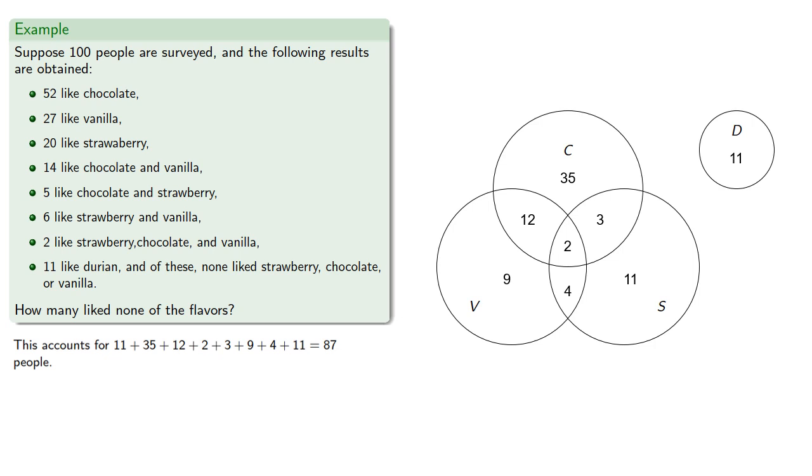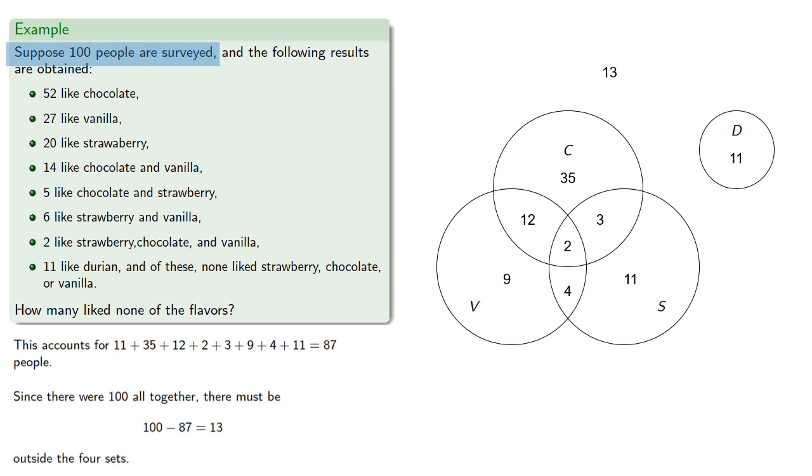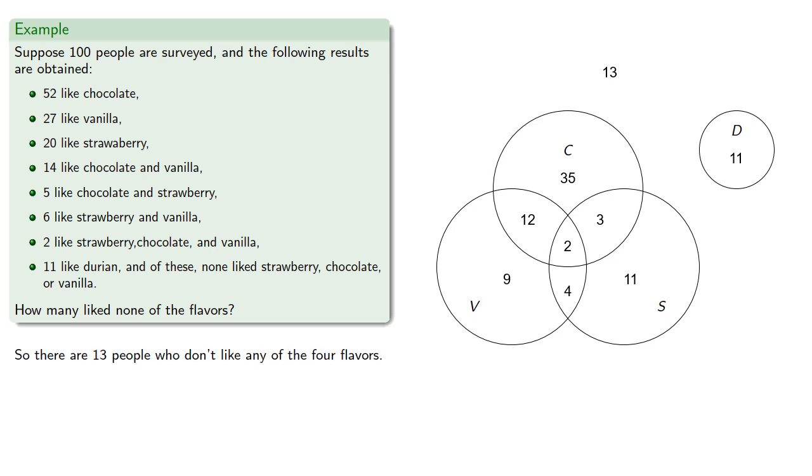At this point, we've accounted for 87 people. And since there are 100 altogether, there must be 13 outside the 4 sets. And so there are 13 people who don't like any of the 4 flavors.